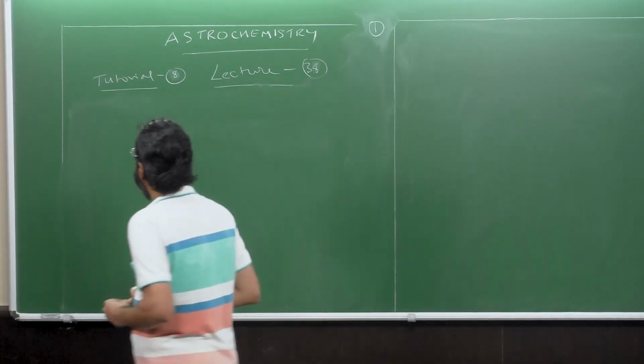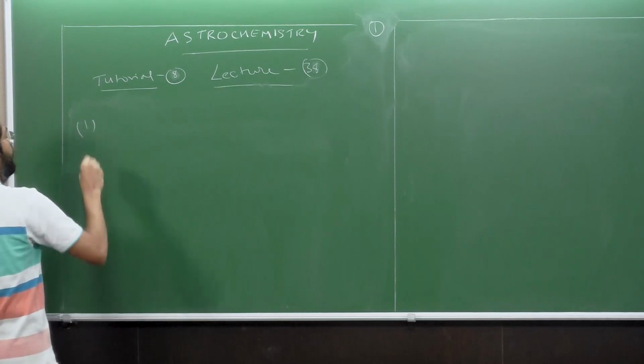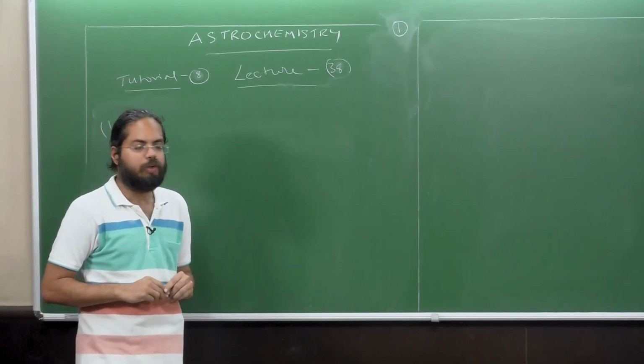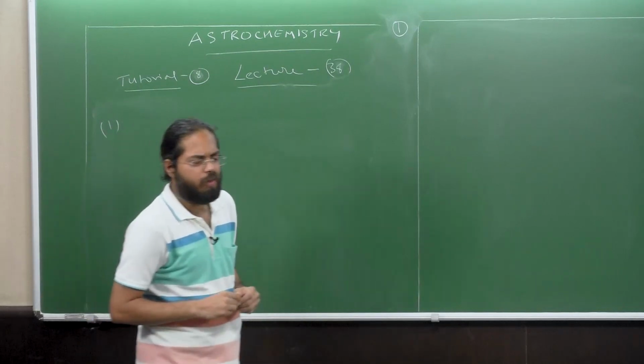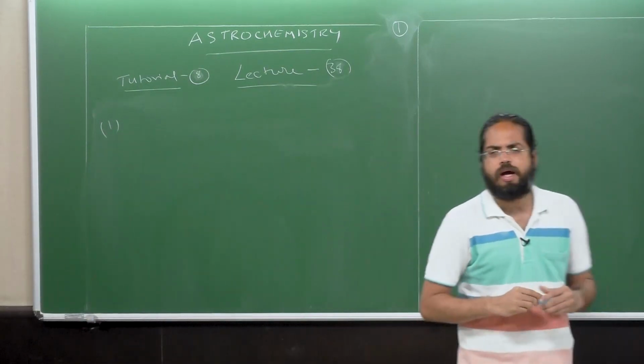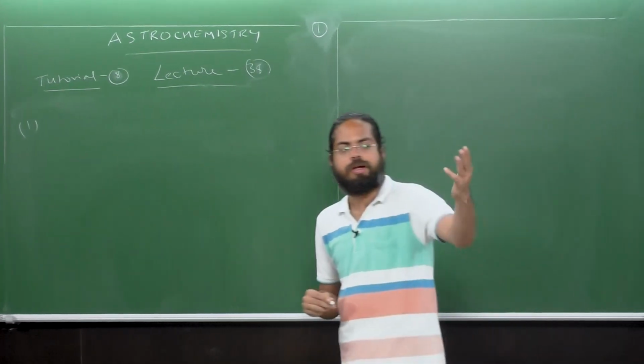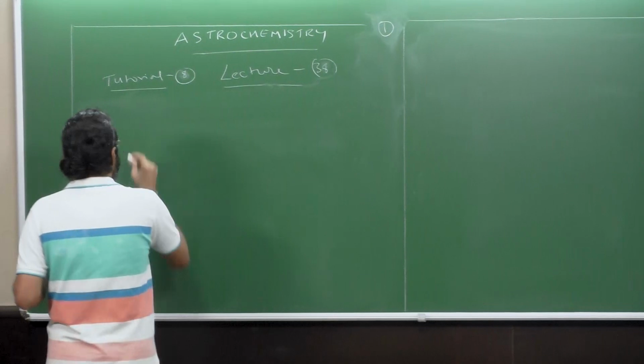Okay, so the first question for today's tutorial is going to be, now we discussed the idea of wave-particle duality in lecture, correct? Now, I gave you the description that wave-particle duality is applicable to quantum mechanical entities, right?